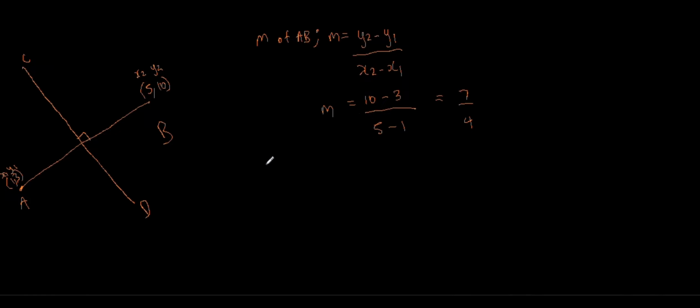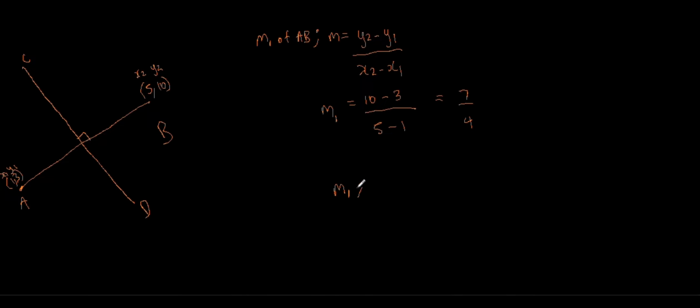There's a property where, when lines are perpendicular, the product of the gradients must equal minus 1. So let's denote the gradient of the line AB by m1, which is 7 on 4.